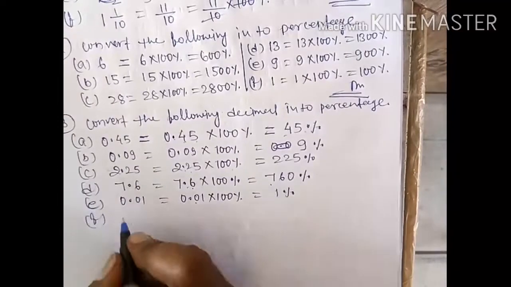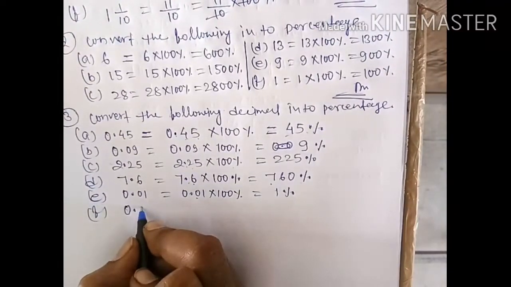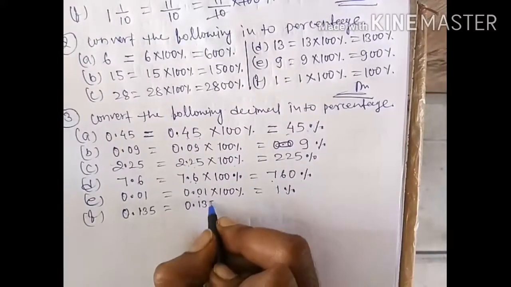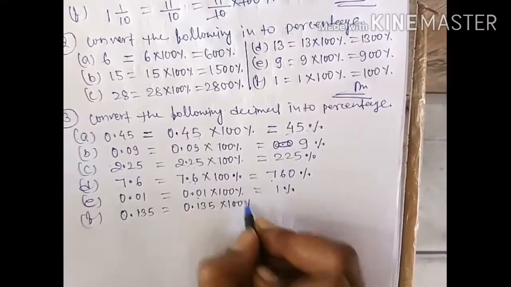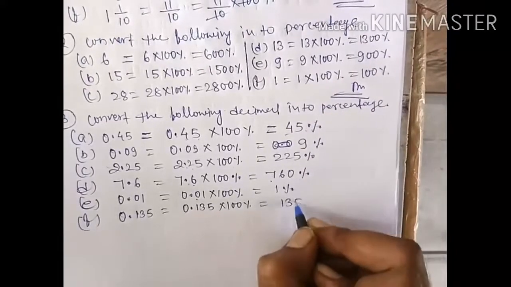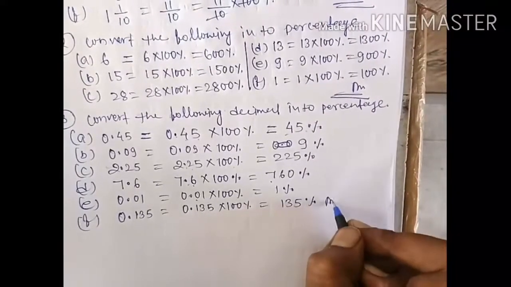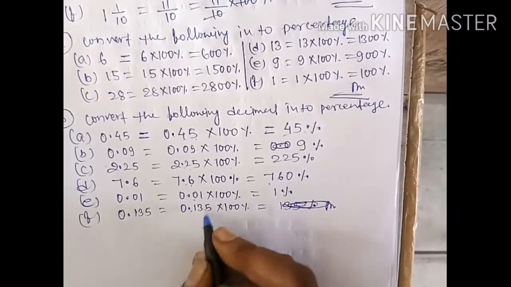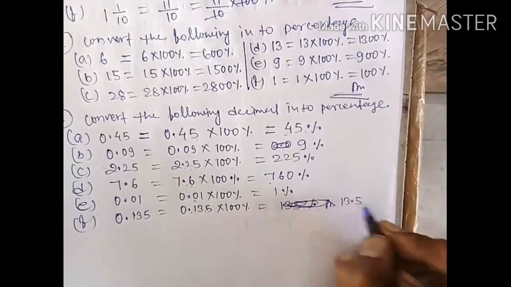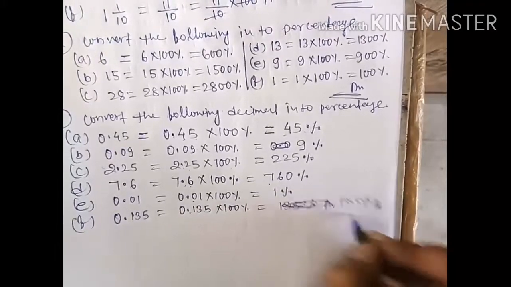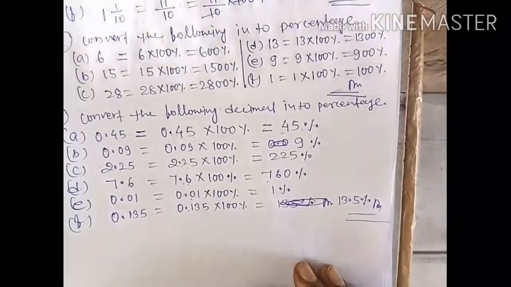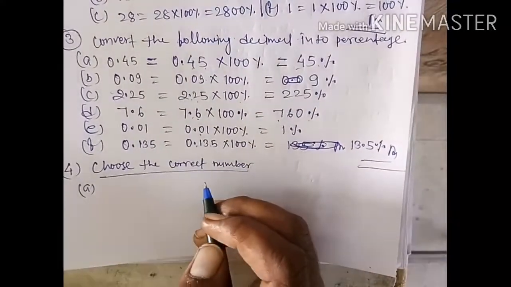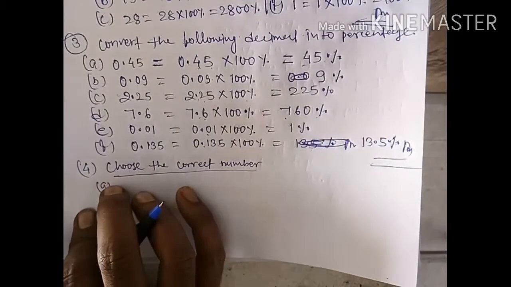In question number F, here 0.135, it means 0.135 into 100%, it means 135%. No, 135% will not be the answer. Look, the decimal will shift 2 digits, so this will be 13.5%. This is the answer.